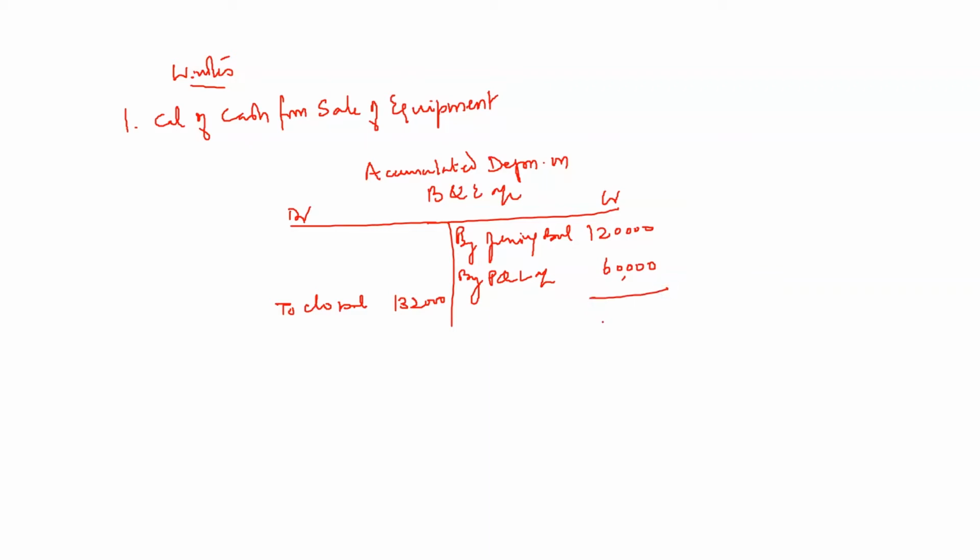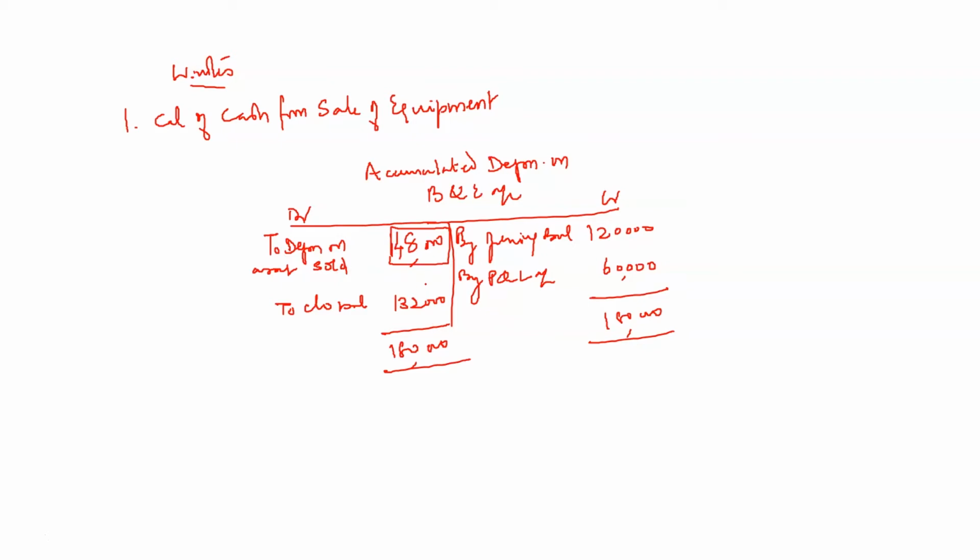So it is 1,80,000. So 48,000 is your depreciation on assets sold, or equipment sold. This is the result.